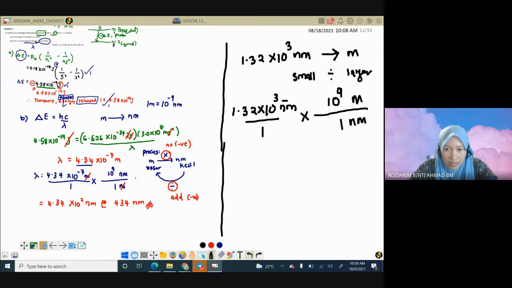So the letter N, nano, equals 10 to the power of 9. Looking back at the conversion, we want to change nano to meter, smallest to largest, which is a divide process. So when it is a divide process, you must put a negative symbol on this 9. We cancel nano, and the final answer we get is 1.32 times 10 to the power of 9 minus 3, negative 6 meter. So this is your finalized answer.